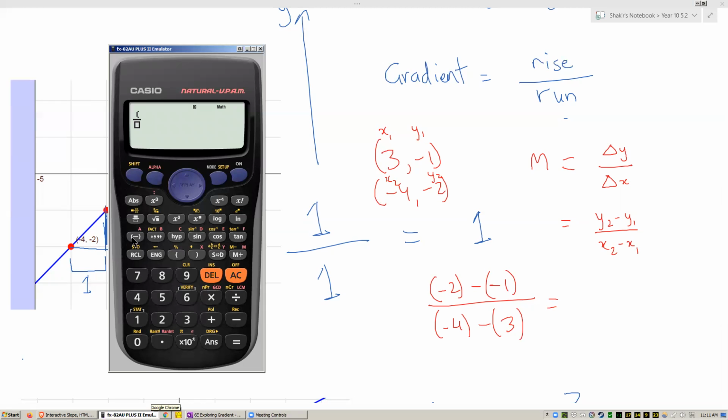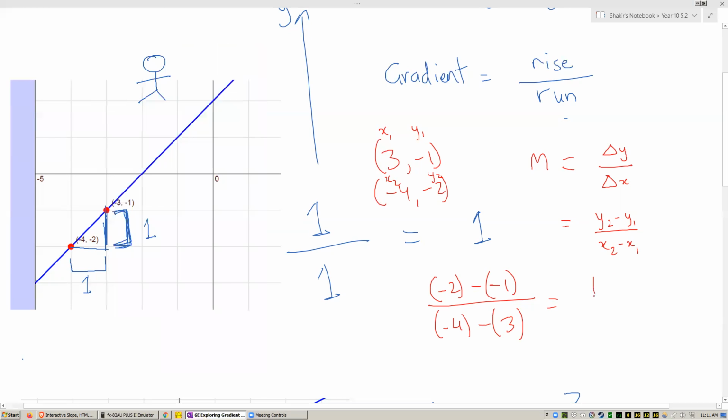So you have open bracket, negative 2, close bracket, minus open bracket, negative 1, close bracket, all over open bracket, negative 4, close bracket, minus 3, something negative. I don't need brackets. 1 over 7, which I've clearly made a mistake.